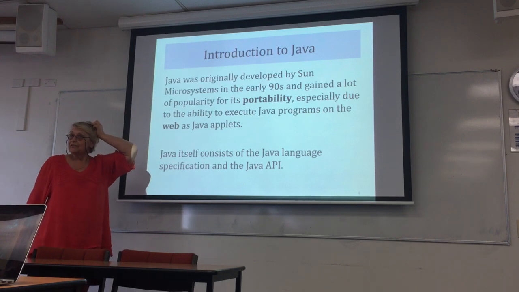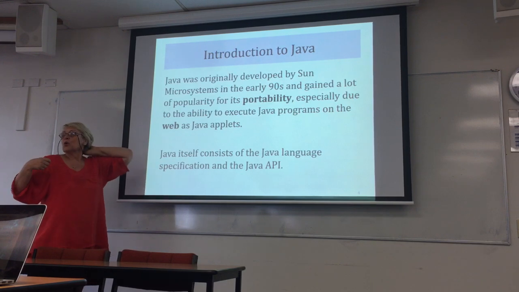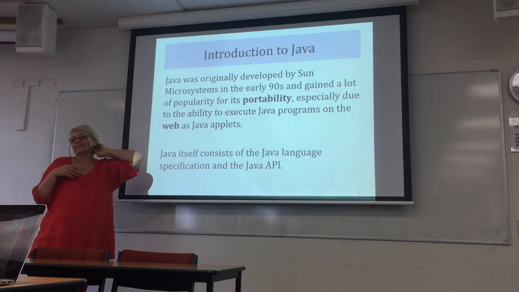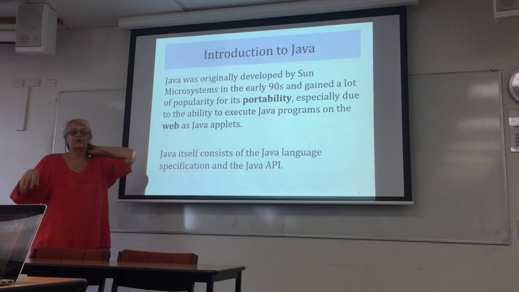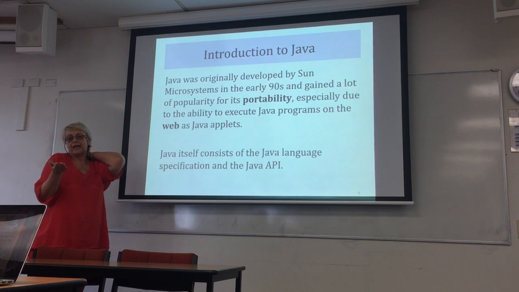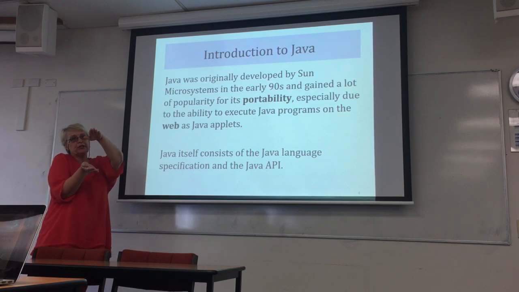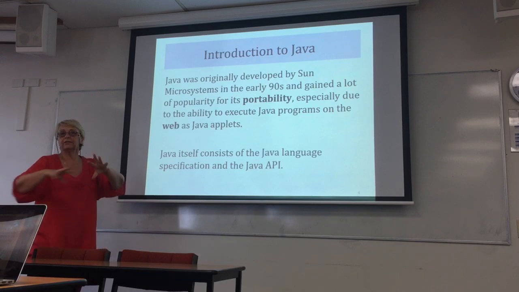But initially, Java was designed for microwaves and other small gadgets, washing machines and stuff like that. It didn't come with input-output facilities. They were introduced later. Because of the approach, they had to have an intermediate layer between the programming language and the working machine, that virtual Java machine, which was needed for these gadgets.